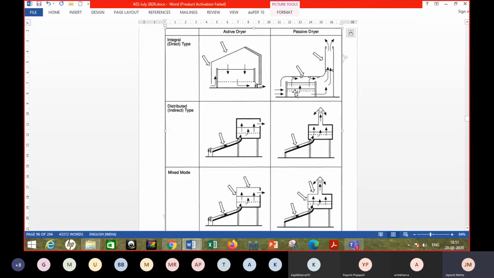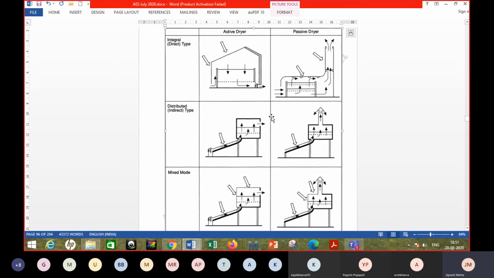Here also, many times there are perforated plates over which you are going to put the product, and because it is perforated, it will allow the air to pass through that. That chamber, when it is also getting direct solar radiation, will be called direct type or integral type.